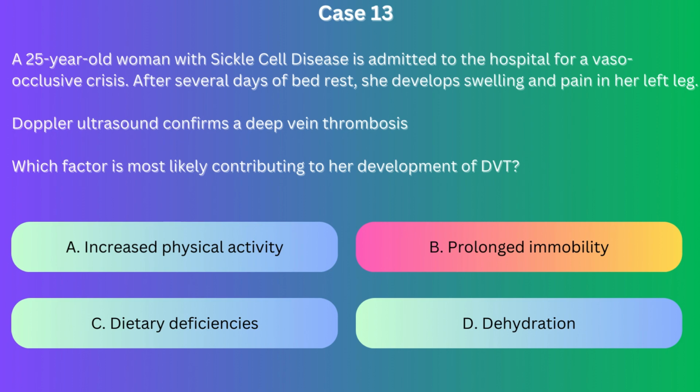Prolonged immobility can lead to stasis of blood in the deep veins, increasing the risk of clot formation. Prophylactic measures, such as early mobilization and, in some cases, anticoagulation, are important in the management of patients with sickle cell disease who are hospitalized or otherwise immobilized for extended periods.